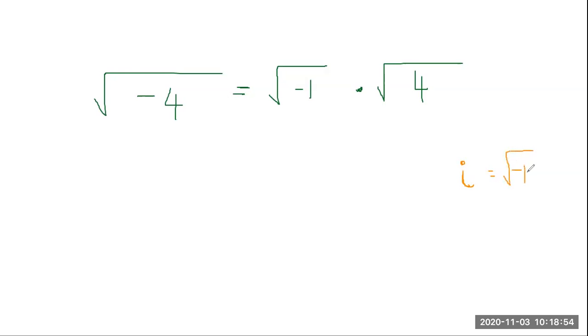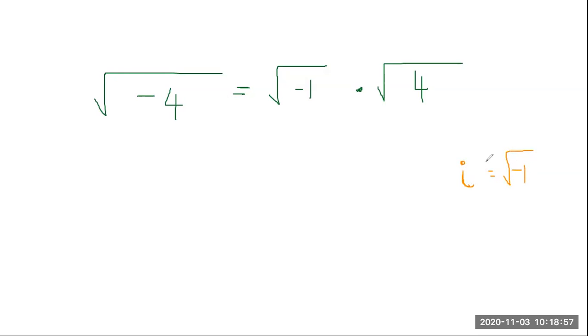So say for instance, we had the square root of -4, okay? First thing I'm gonna do, I'm gonna break this up and make it the square root of -1 times the square root of +4. Now what I'm gonna do, I'm gonna introduce this new term, I. In mathematics, I is equal to the square root of -1.